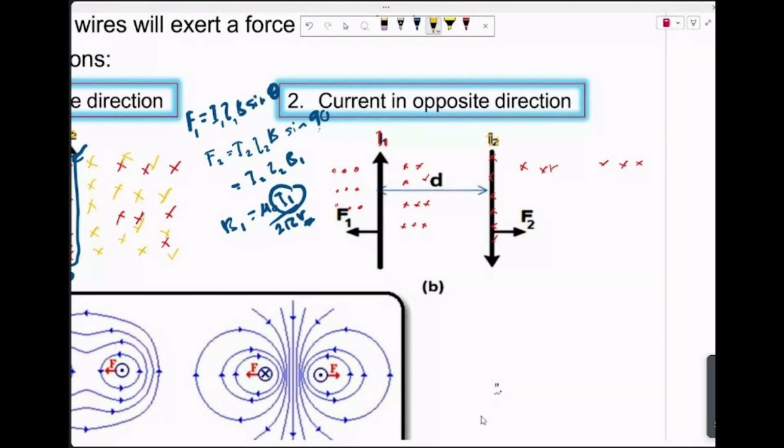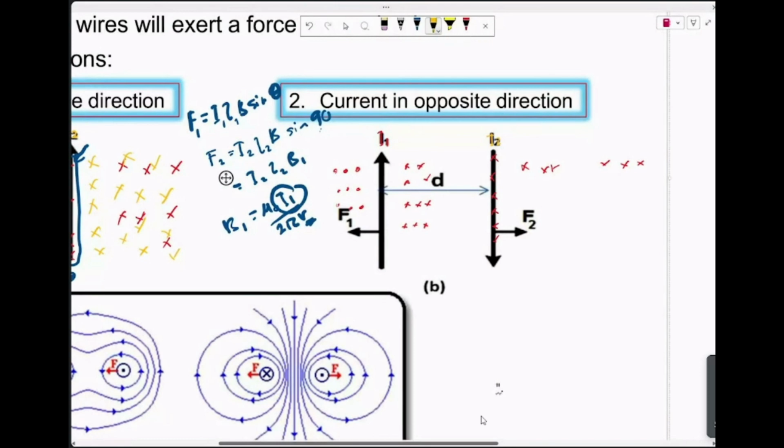So here the I2, we try to determine the force at I1, F1. What do we do again for I2? What is the magnetic field produced at the left side of the current? Use your right hand grip. You will find out that this one also is going to be into the page. Once you got this side into the page, the other side is going to be out of the page.